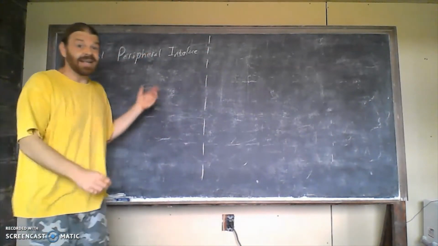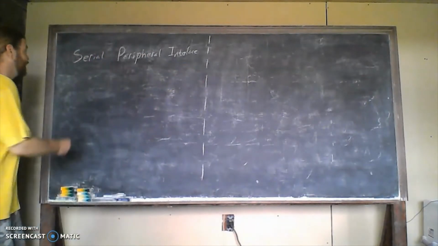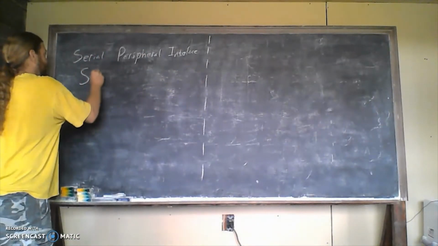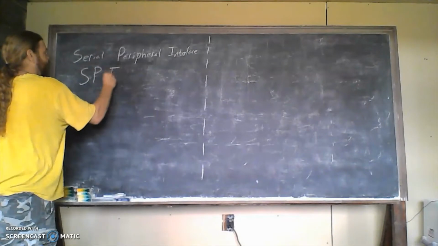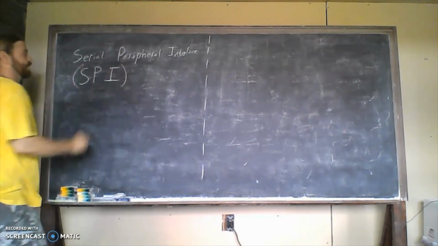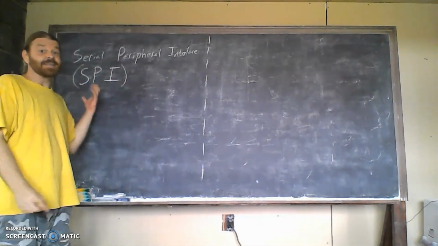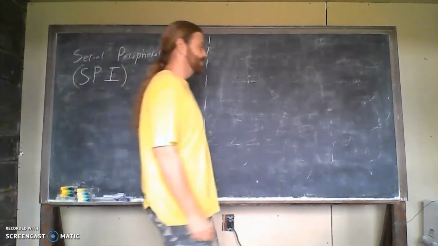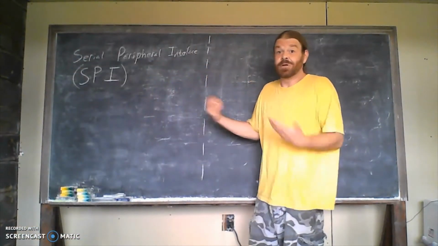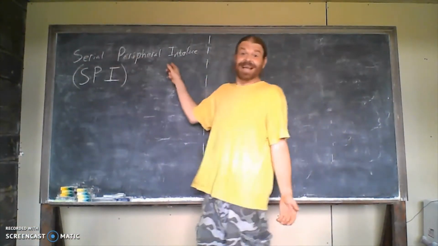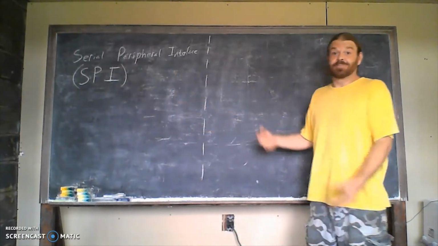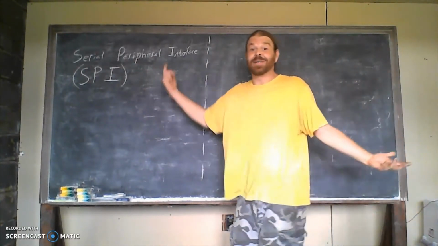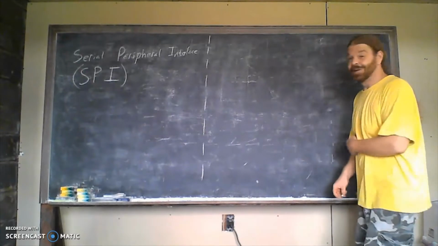And like everything in IT, obviously we don't say that every time. SPI. So for the rest of the video, I'm going to say SPI. Really, when you're talking, there's no need to ever say the full name unless you're giving a lecture on SPI communication. Otherwise, we just say SPI.